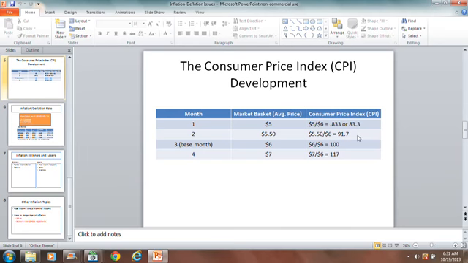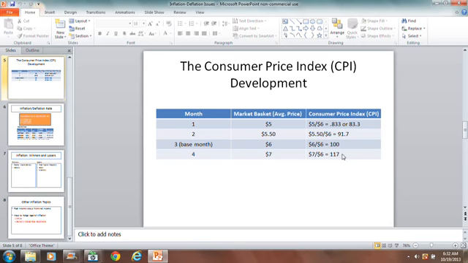I calculated the respective CPIs for each month in this exercise, and if you notice, for the base month, the CPI value is 100 basis points. It makes sense, because when you divide the base month's prices by its own prices, you get an index value of 1, or 100 basis points. Now, the CPIs are interpreted with respect to the base.